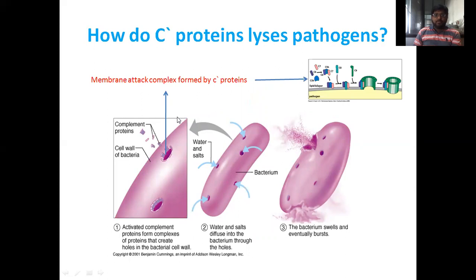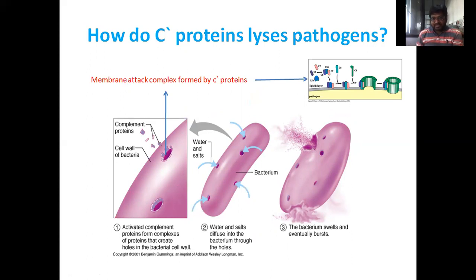How do C proteins lyse the pathogens? You can see here the membrane attack complex formed by the C proteins. This is the mechanism: activated complement proteins form complexes that create holes in the bacterial cell wall, and by making these holes, the cell contents leak out of the cell wall of the bacteria and the cells get punctured.